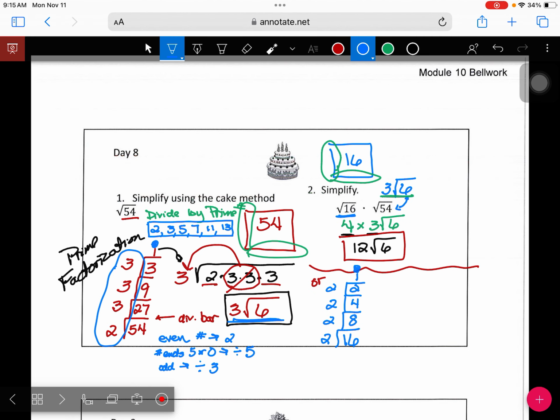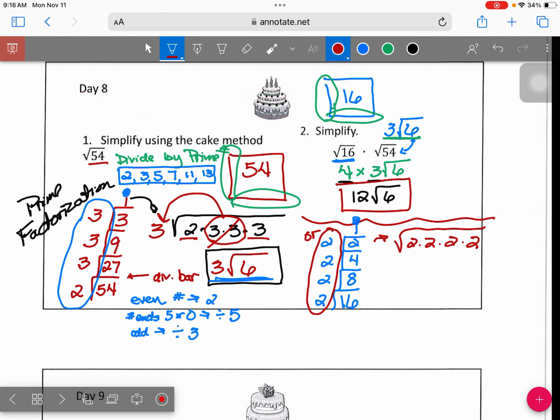So the square root of 16, written in prime factorization, is all of these on the outside. Everything that you divided by that was a prime number now goes under the radical sign as 2 times 2 times 2 times 2. I need to simplify that.